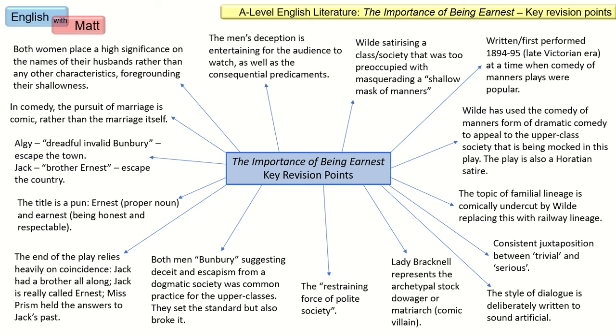So Gwendolen hates Cecily because she thinks that she's a simpleton and a country bumpkin, unrefined people in the country, whereas Cecily hates Gwendolen because she associates city living with vulgarity and with greed and with pollution and with poverty, not the fresh air, for example, that you would have in the country.